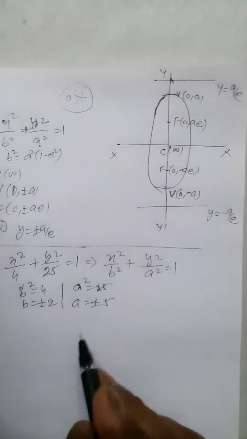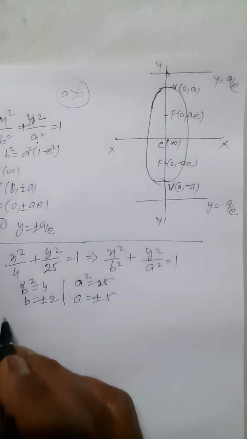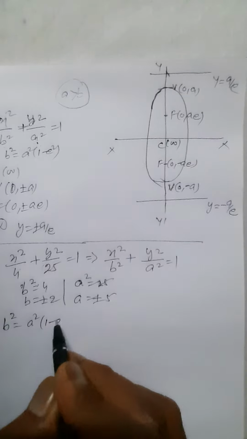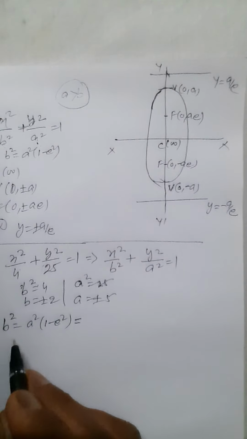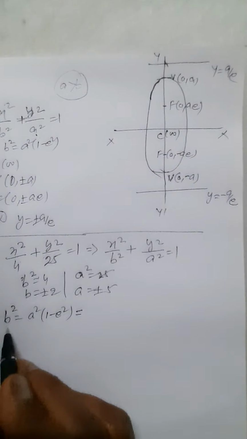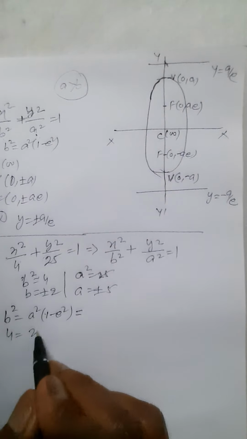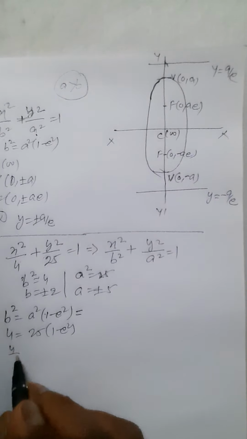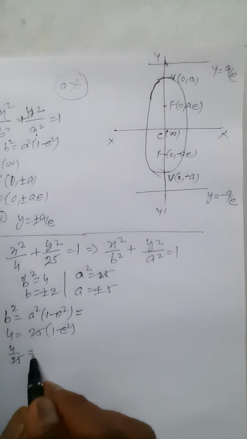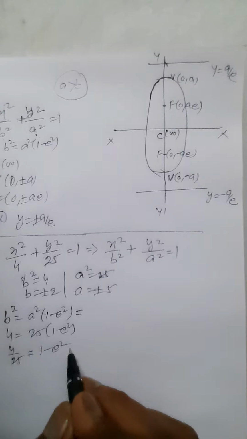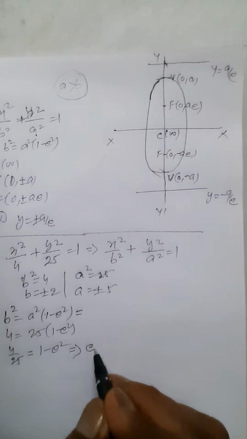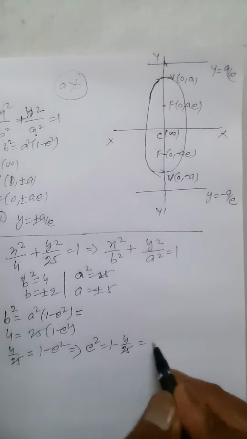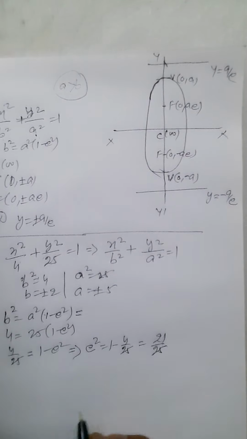So how to calculate e? B square is equal to a square times 1 minus e square. B square is 4, a square is 25, 1 minus e square. 4 upon 25 is equal to 1 minus e square, or you can say e square is equal to 1 minus 4 upon 25, or 21 upon 25.